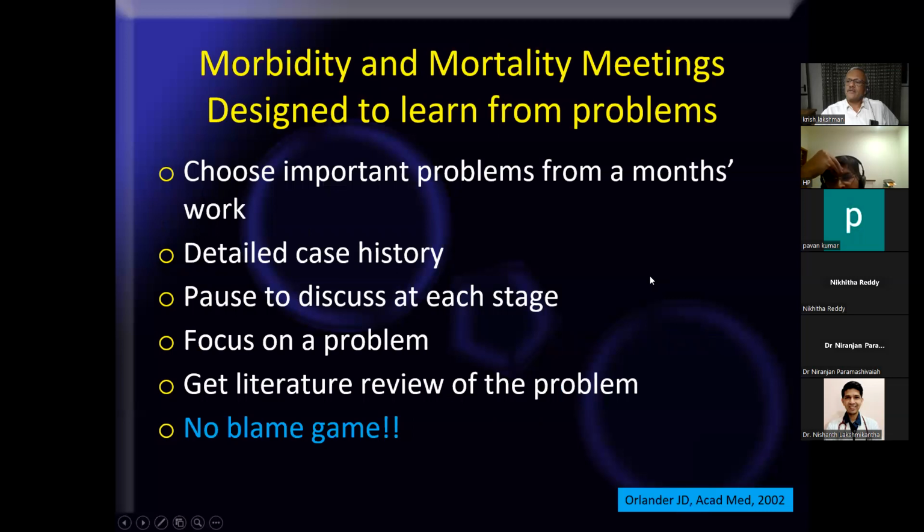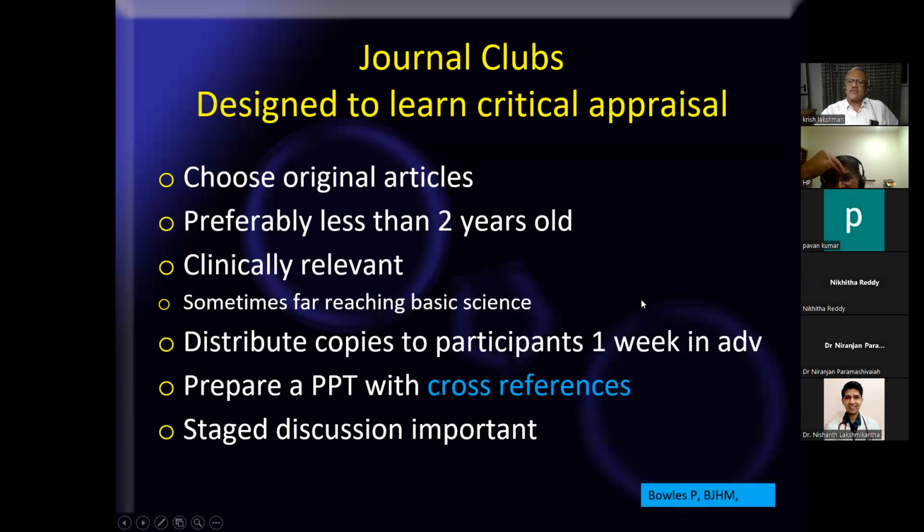It is important that we are not reduced to reading what the journal says. It is important for us to critically appraise it and evaluate how good it is. For that, you need to have many cross references.